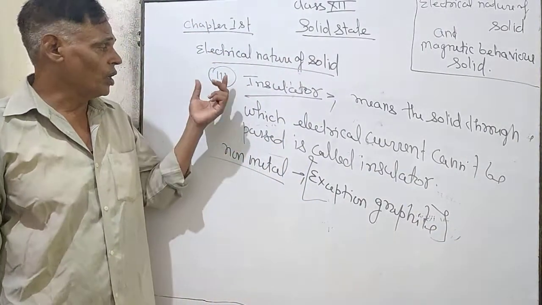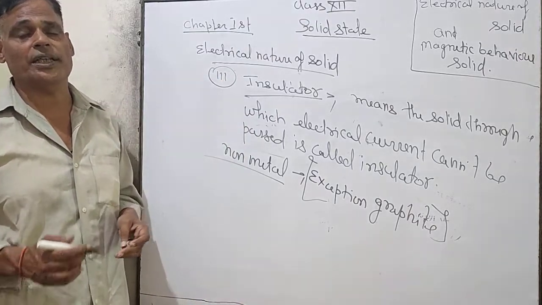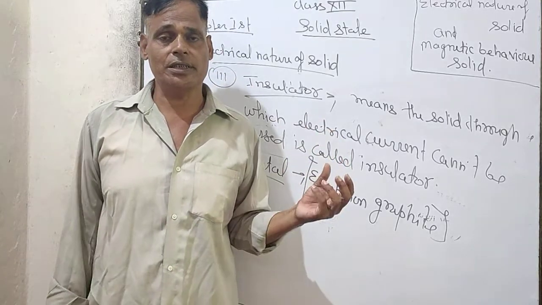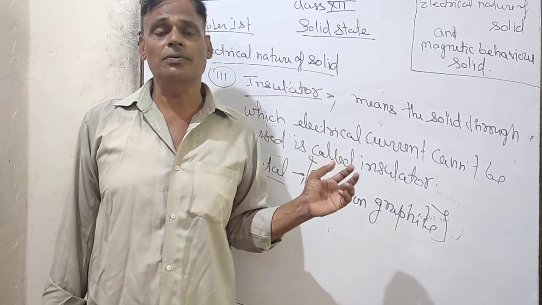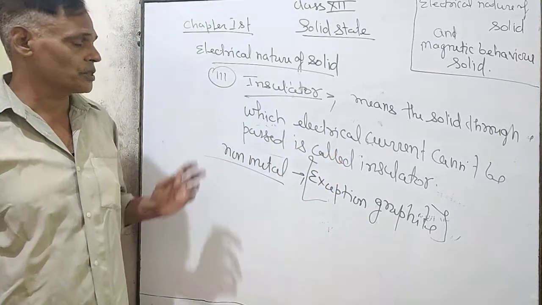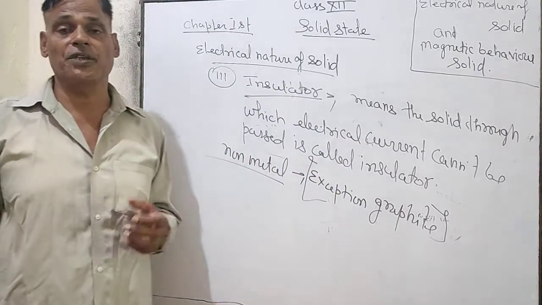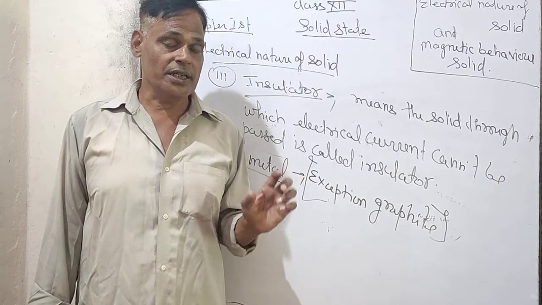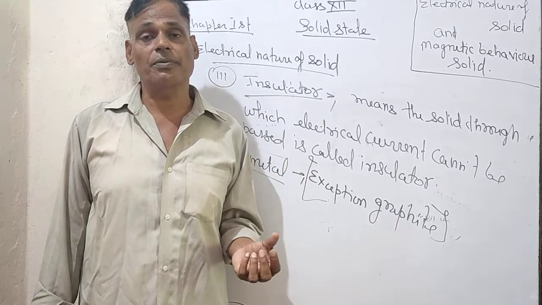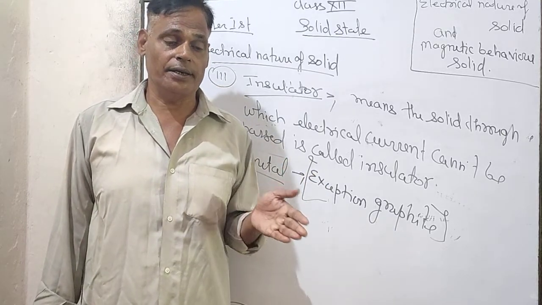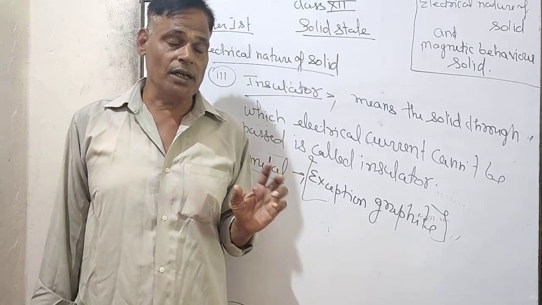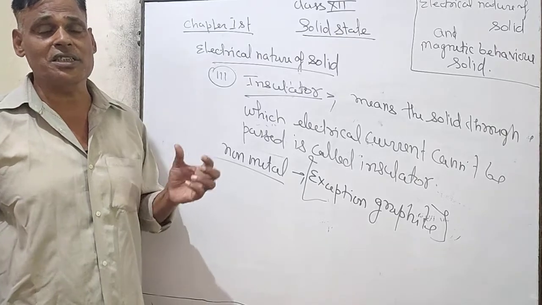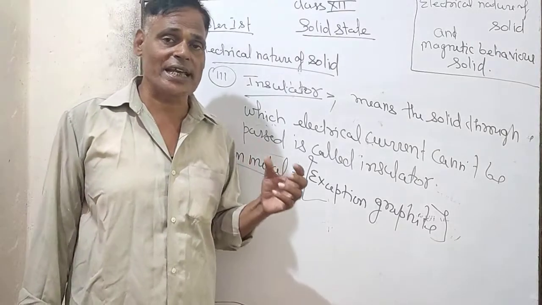So this is your topic. According to electrical behavior, solids are of three kinds: conductor, semiconductor, and insulator. For conductors, all metals are conductors. In metals, silver conducts maximum current and lead conducts minimum current. In semiconductors, the conductance is not of high order but in the middle range.